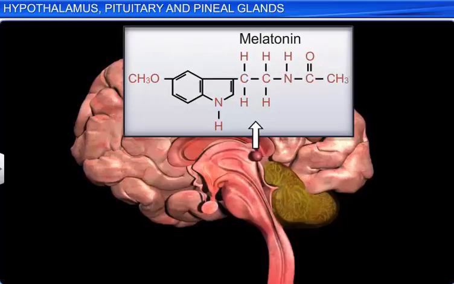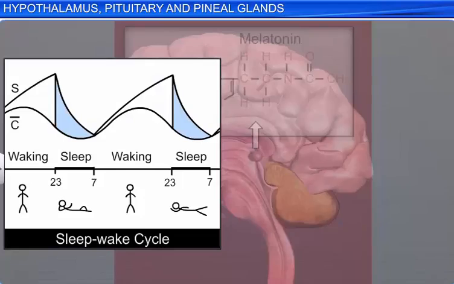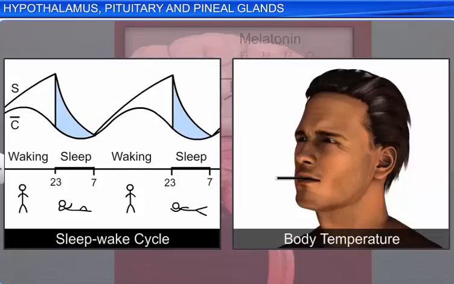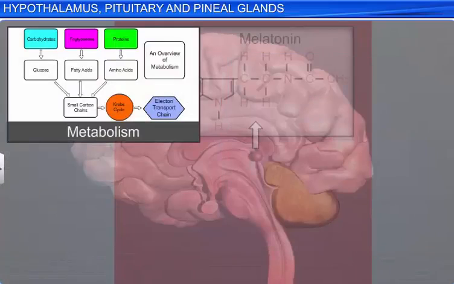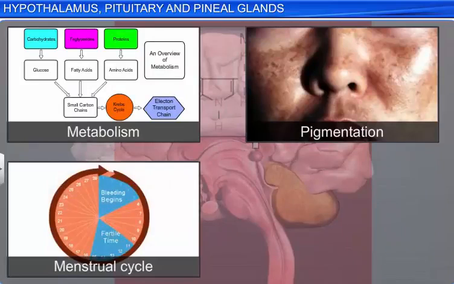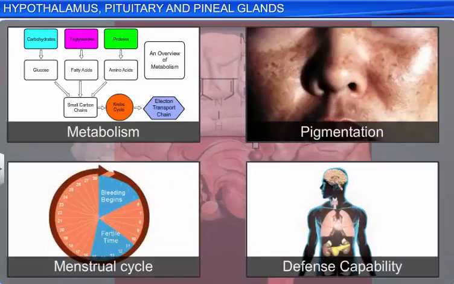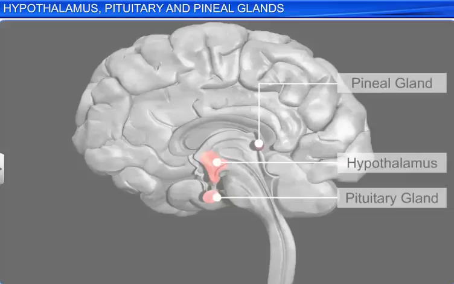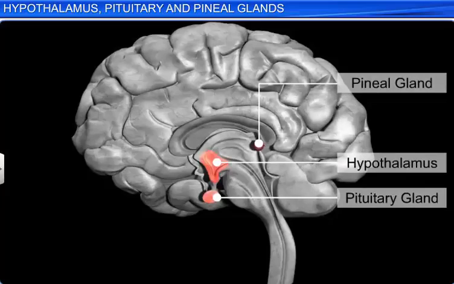It maintains the normal rhythms of the sleep-wake cycle, body temperature, etc., and also influences metabolism, pigmentation, the menstrual cycle, and our defense capability. The endocrine glands of the brain are very crucial in regulating mood, growth and development, metabolism, sexual functions, and reproductive processes in the human body.